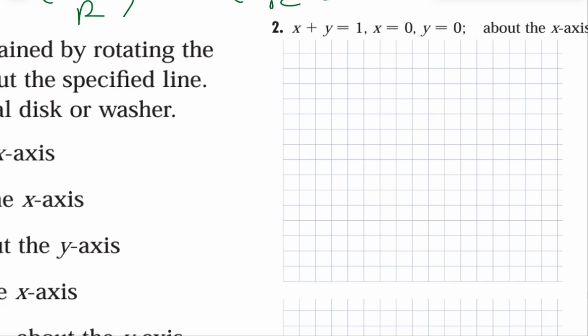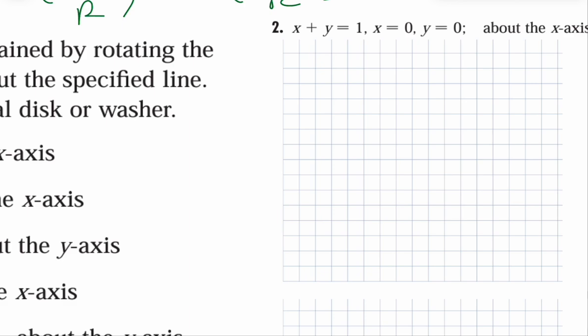One of each I've drawn for you, and 2 you have to draw yourself. Is there one where we rotate about x equals 1? I think maybe there's a bonus where you have to rotate about a line, x equals 1 or something. That's maybe the bonus I put on. There's a bonus that's funky.